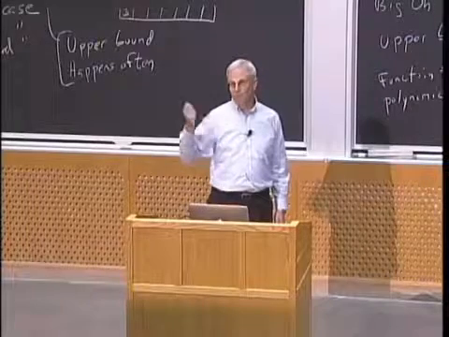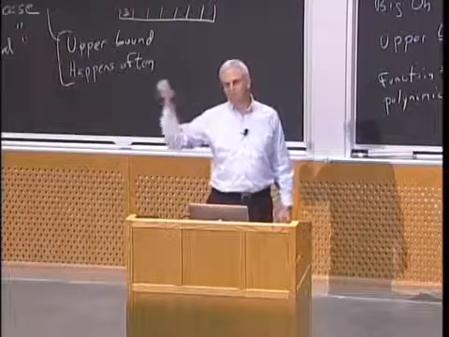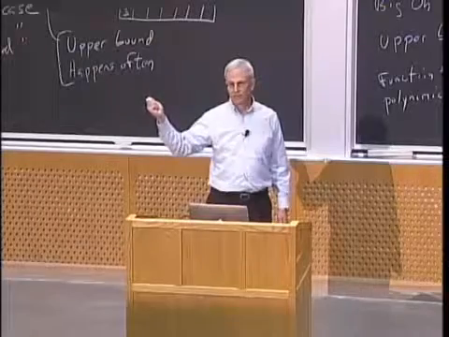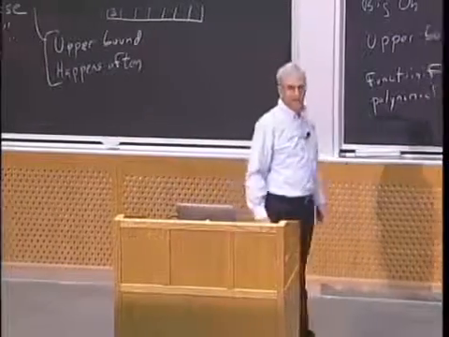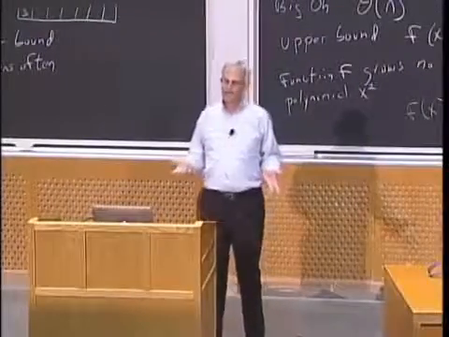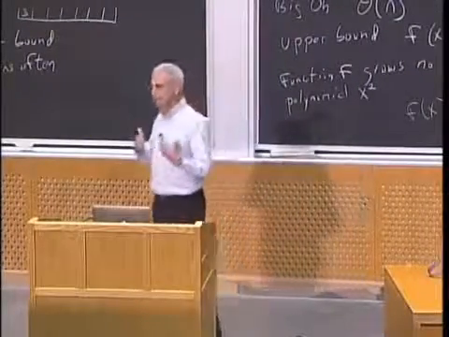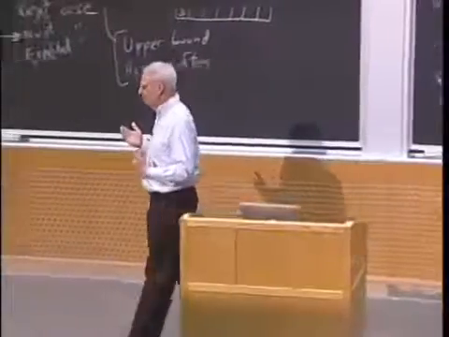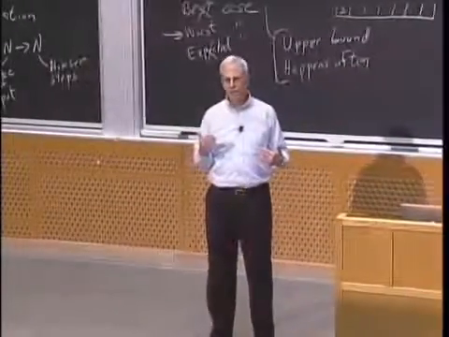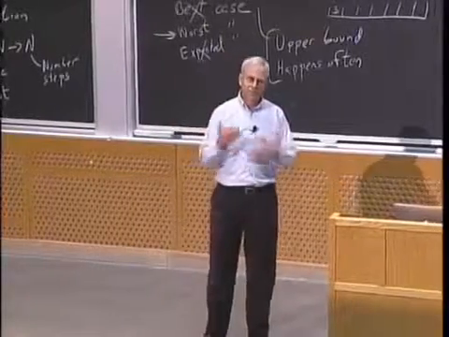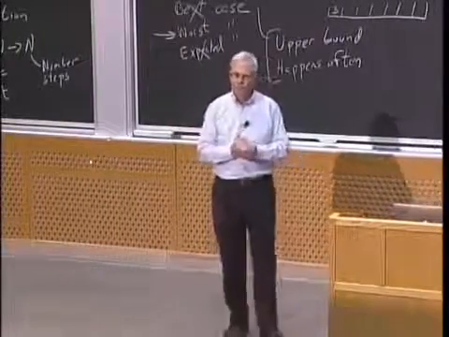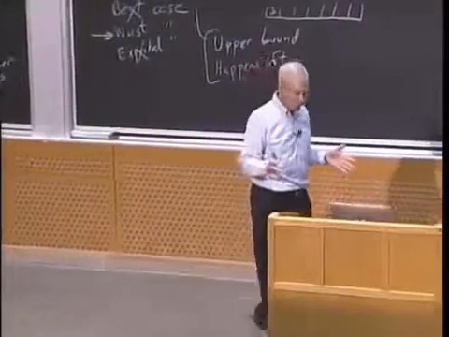So how many times can I do that if I start with the number n? N times, right? So once again, it's order n. So the interesting thing we see here is that essentially I've given you the same algorithm recursively and iteratively. Not surprisingly, even though I've coded it differently, it's the same complexity.